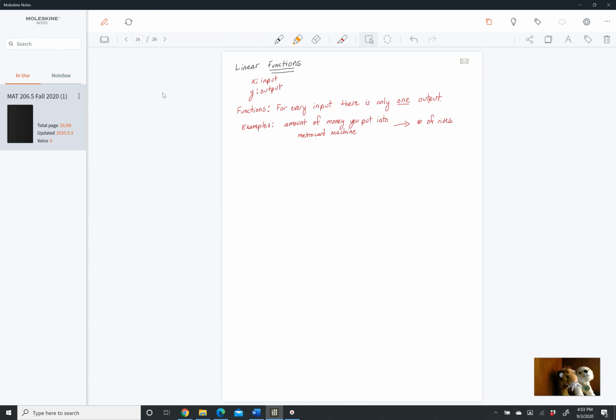Okay. Another example would be textbook and price. A textbook is only going to cost one amount. And I'm going to add in the word new, because if we're talking about used, sometimes you could get it for all different prices, right?